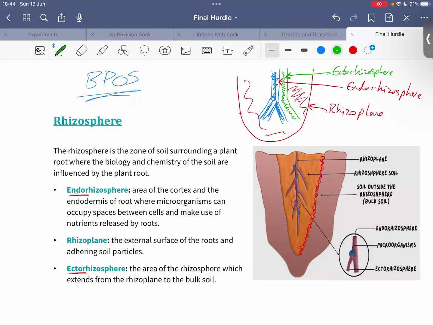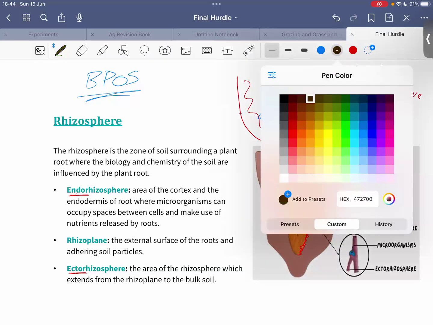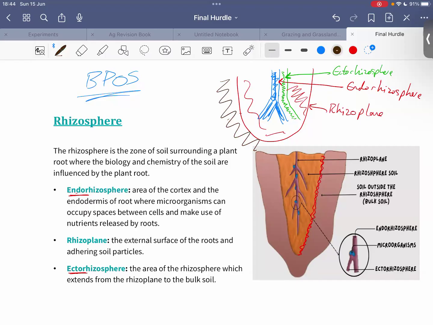Maybe I'll just change color there. If I get a brown, let me see. There's a bit of a brown, and then all outside here is your actual soil, the bulk soil. Okay, endorhizosphere inside the root, ectorhizosphere the area between the endorhizosphere and the rhizoplane, and then the rhizoplane is your external surface of the roots touching the soil particles.